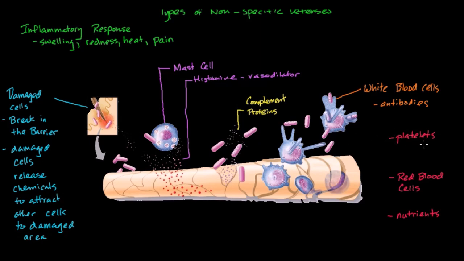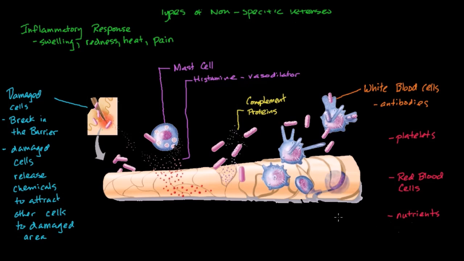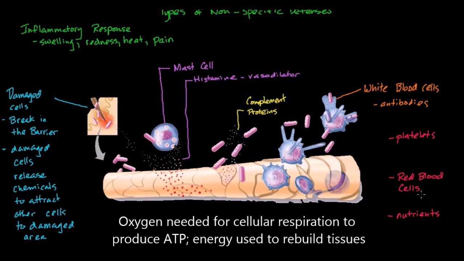Platelets, when they leak out, will surround the damaged area and create a scaffolding within this damaged area. Nutrients will be used to help create new cells. And red blood cells will contain the oxygen needed for cellular respiration so that cells can produce energy in the form of ATP, and that energy will be used to rebuild new tissue.